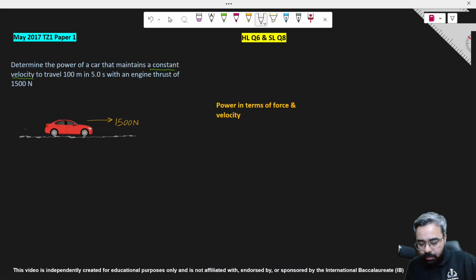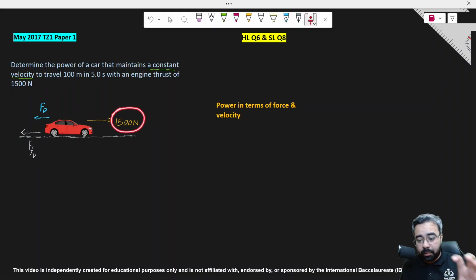That might be the force of dynamic friction, or that might be the air drag. So in order to overcome these resistive forces, 1500 newtons of force is required to move it with a constant velocity.